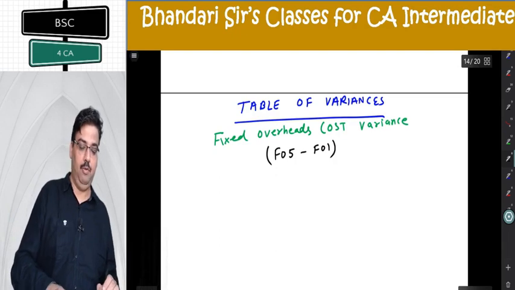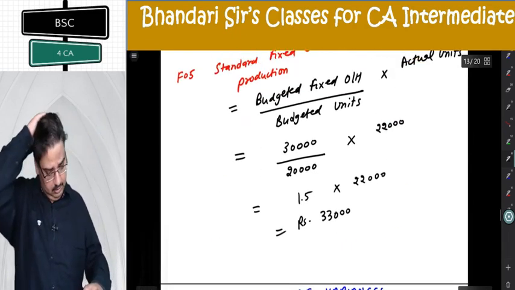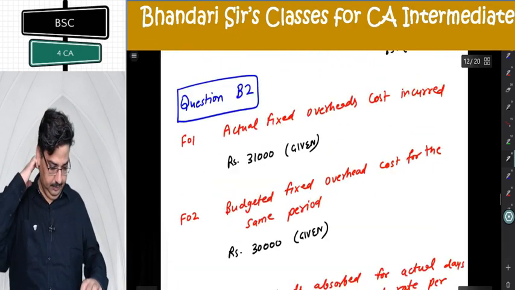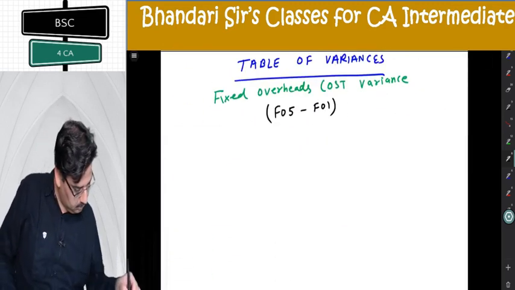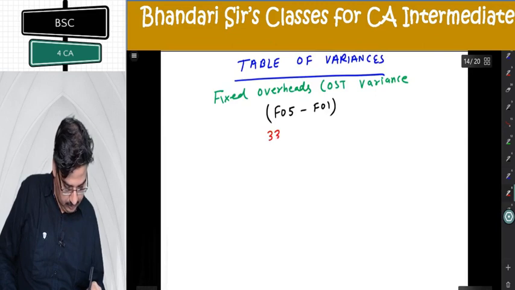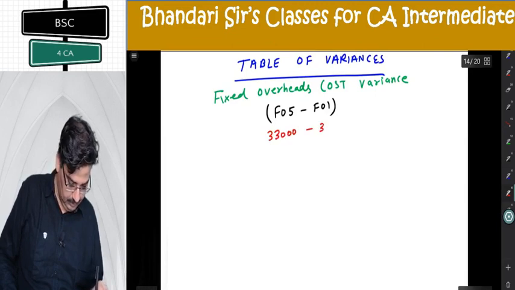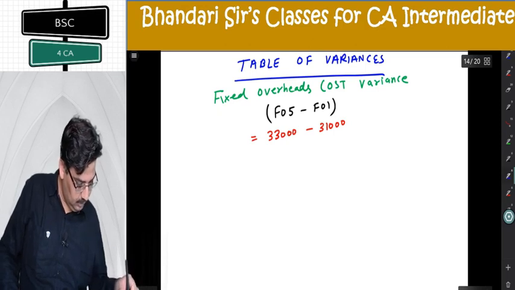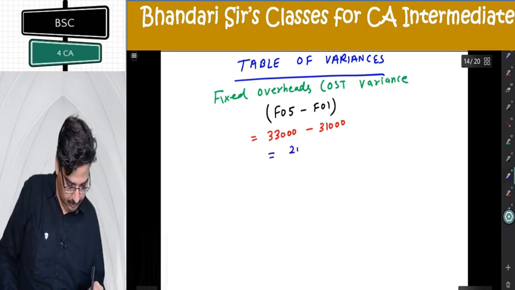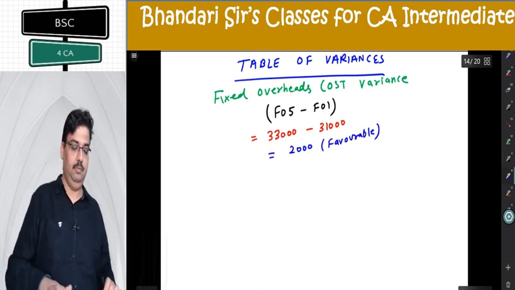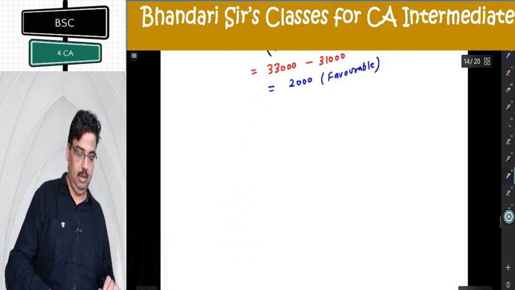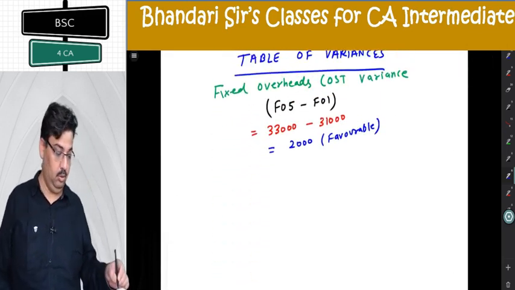FO5 minus FO1. Let us check. 33,000 minus 31,000. The answer is 2,000 favorable. 33 minus 31 is 2,000 favorable.